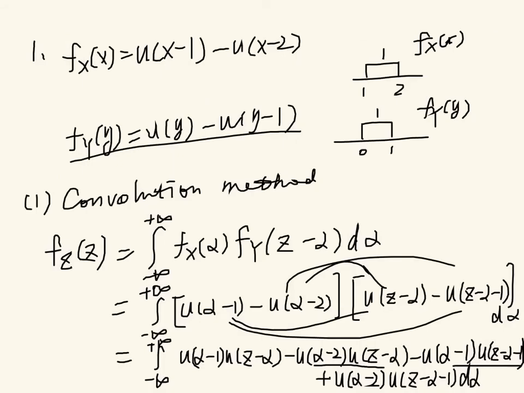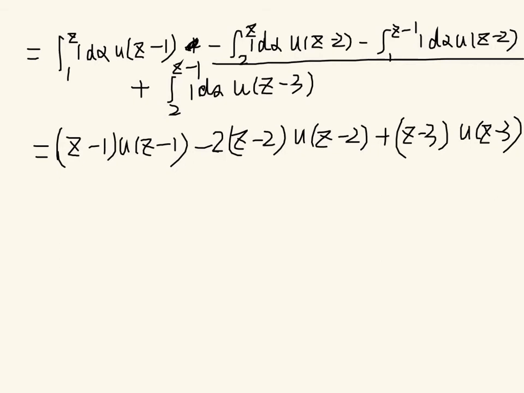So we got the f of z. We can write it in this form. When z is between 1 and 2, it is z minus 1.